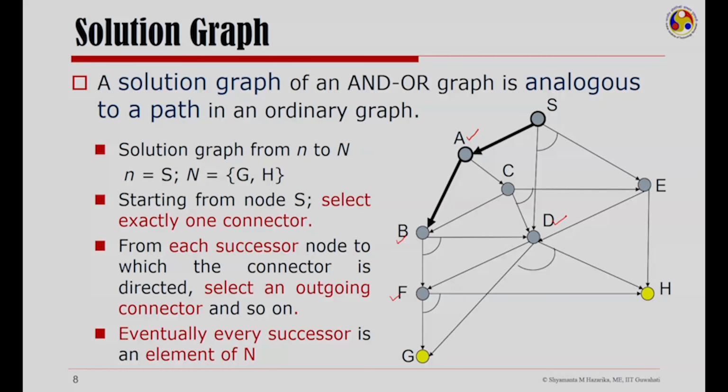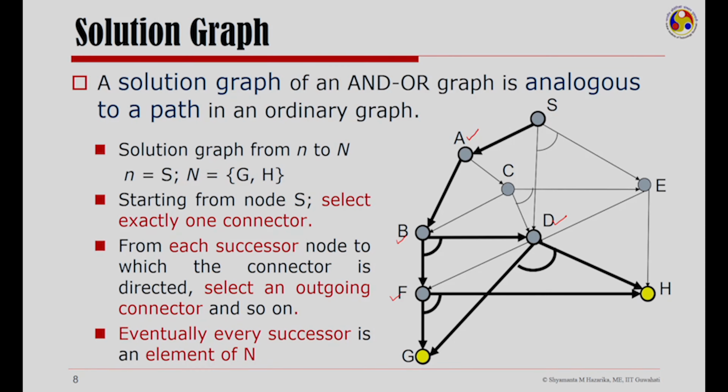So, next I follow that 2 connector, arrive at F, arrive at D and look for a solution to F and D. The next node to be expanded is D, and now again we see that D is a 2 connector leading us to G and H. So, we solve D by going to G and H, and now we solve F, which is a 2 connector again leading us to G and H one more time.